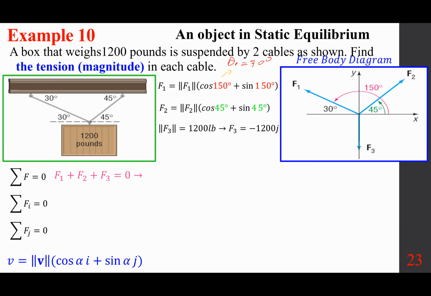So cosine of 30 degrees, let me clean this up, is minus square root of 3 over 2. This one is simply positive 1/2 because sine of 30 is 1/2. For 45 degrees, both of them are square root of 2 over 2.